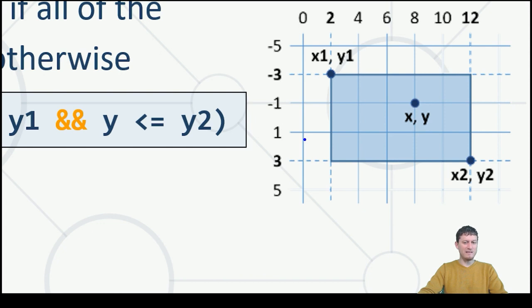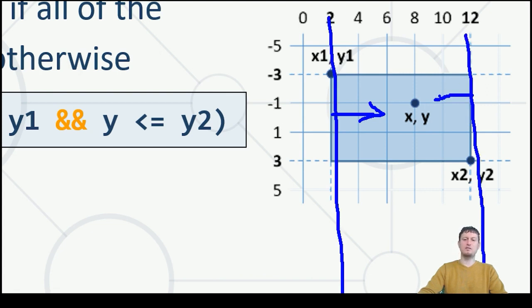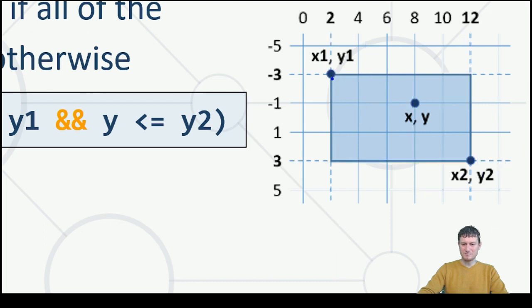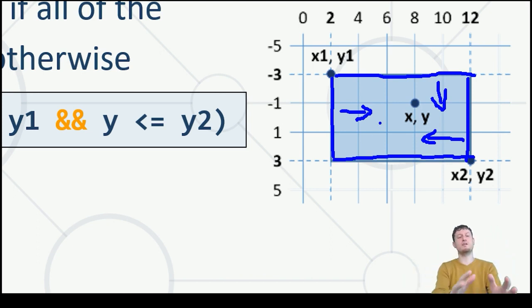It is on the right from this x1, on the left from this x2, on the down from this y1, and on the up of this. If these 4 conditions are true at the same time, this point is inside this rectangle.